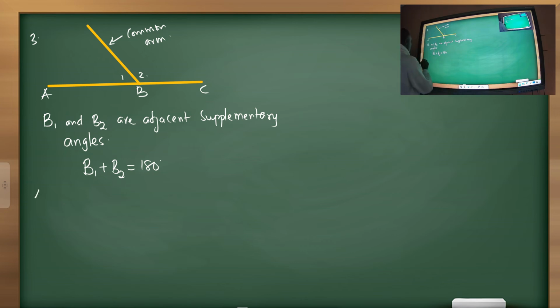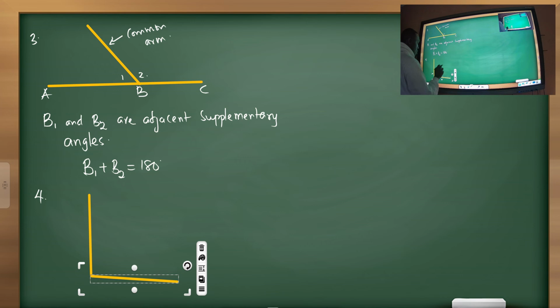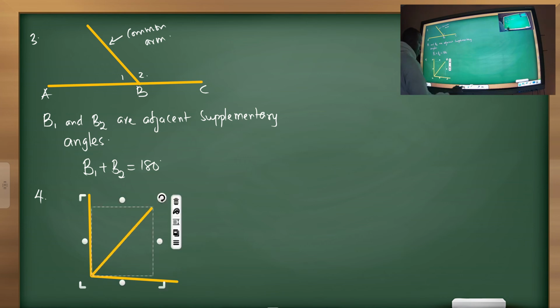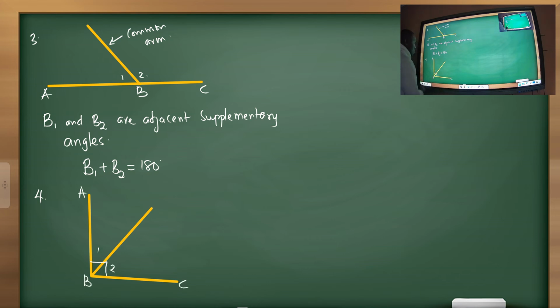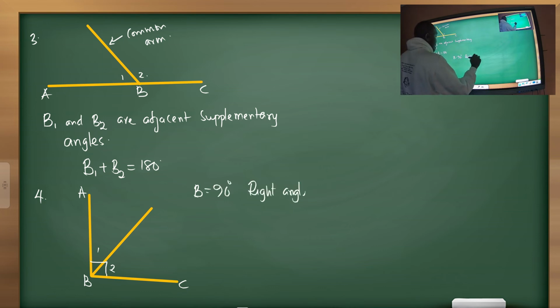Now, number 4. If I have that A, B, C, B1 and B2, the first thing I see is that B equals 90 degrees, which is a right angle because of the sign I'm given there.